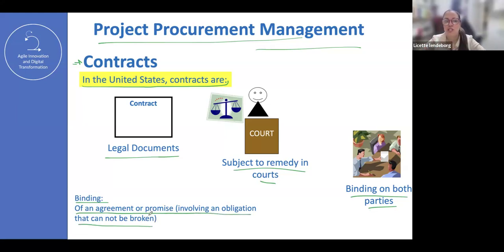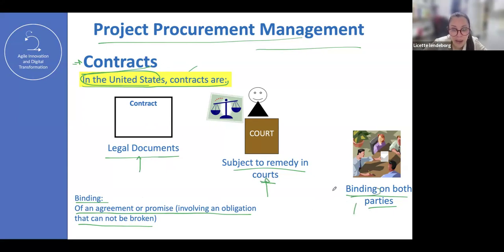Thank you very much, Ms. Taina. For the exam, this is the definition of a contract based on United States law. For the US, contracts are legal documents subject to remedy in courts, binding on both parties.